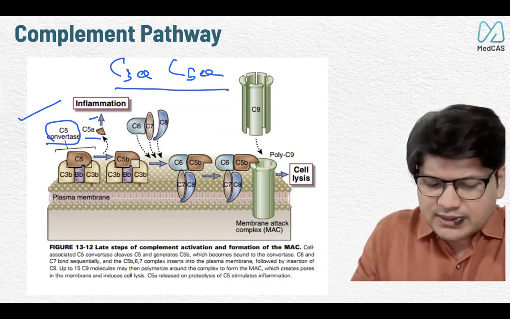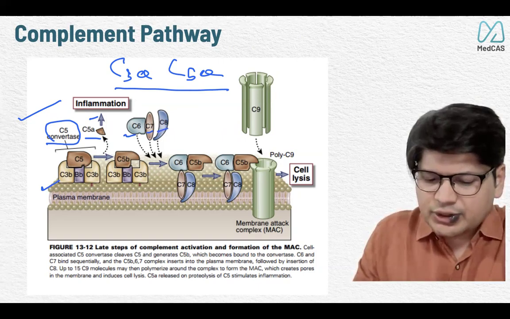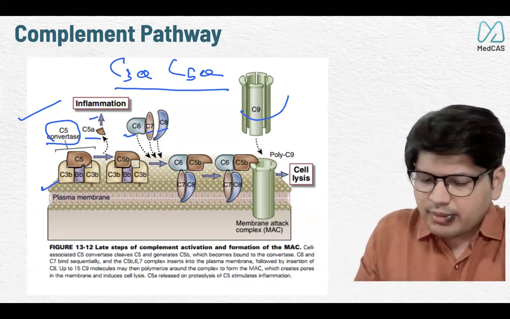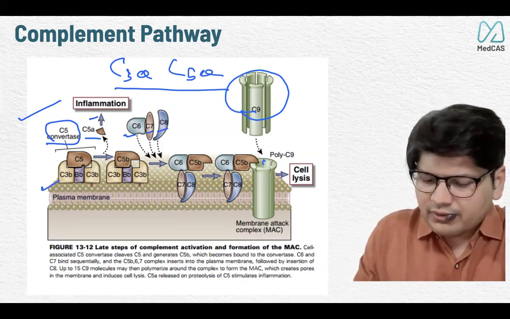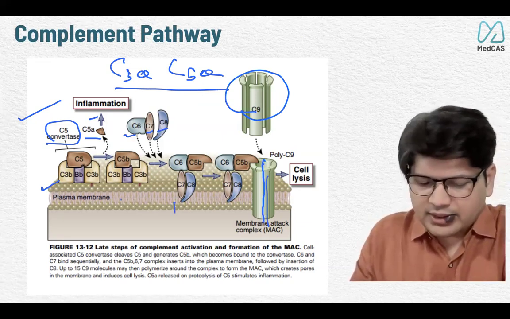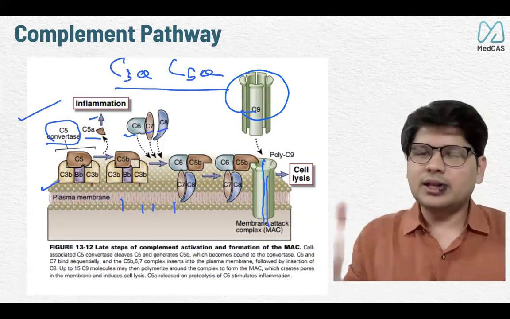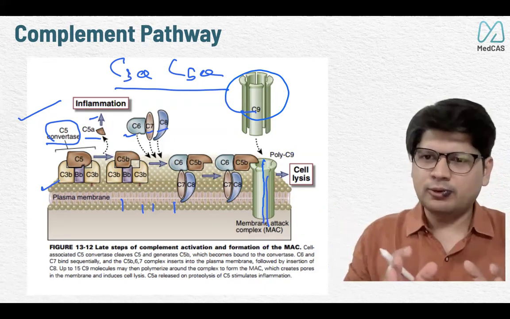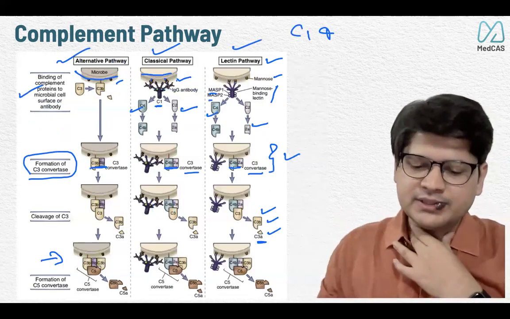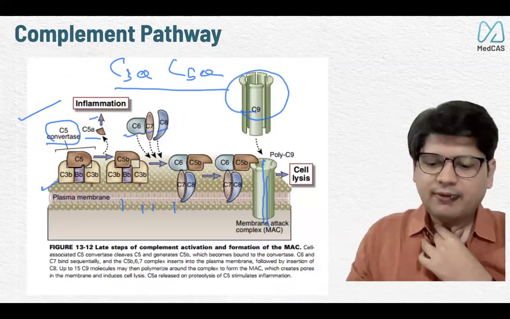But once this is established on the cell surface, C6, 7, 8 join, and C9 makes a tubular structure which forms a pore on the bacterial wall, and this bacterial wall is broken because of the total imbalance there. So this is how the complement system kills, through this pathway followed by this.